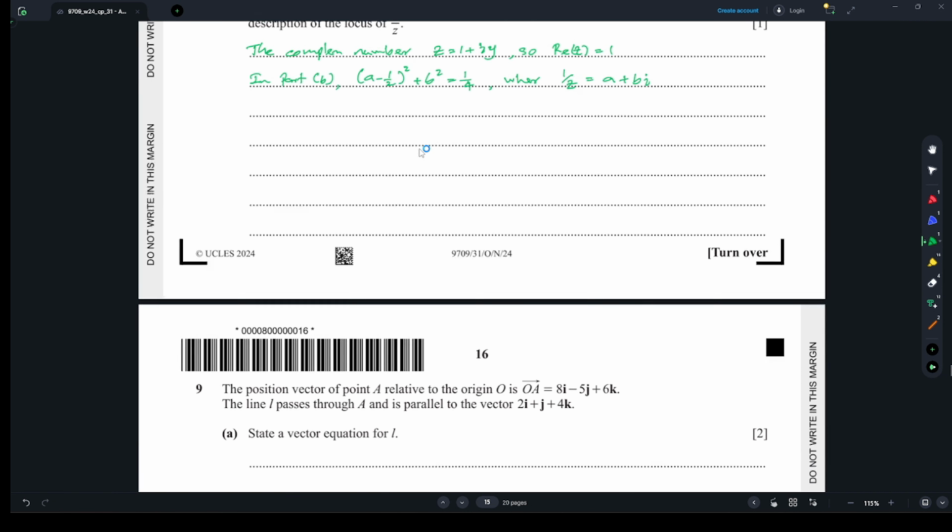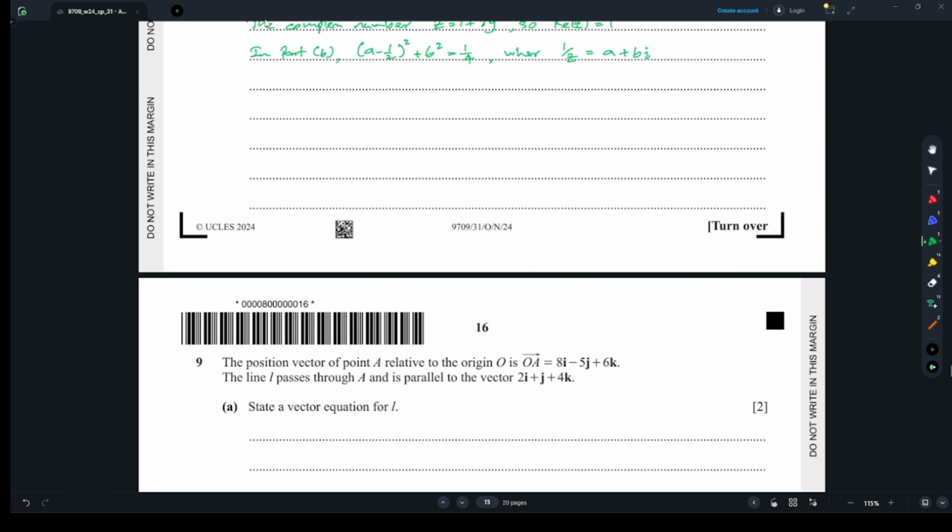So we can say this is the equation of a circle with the center of half comma 0, right?